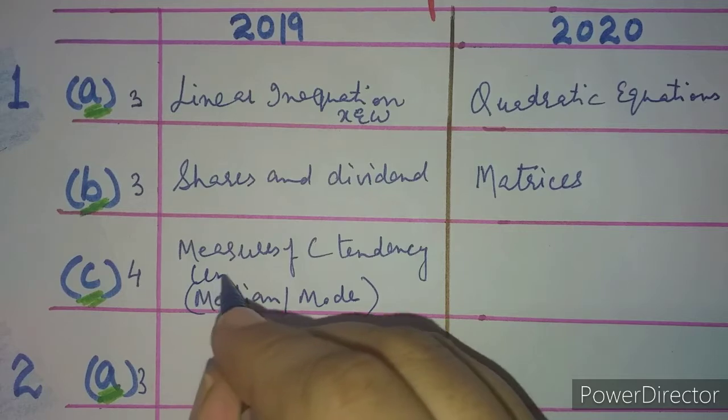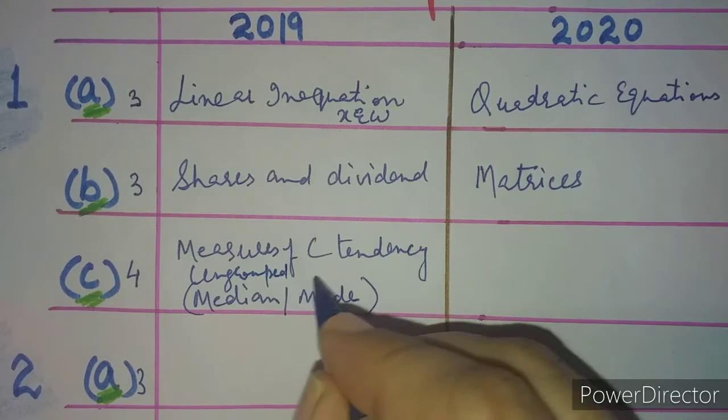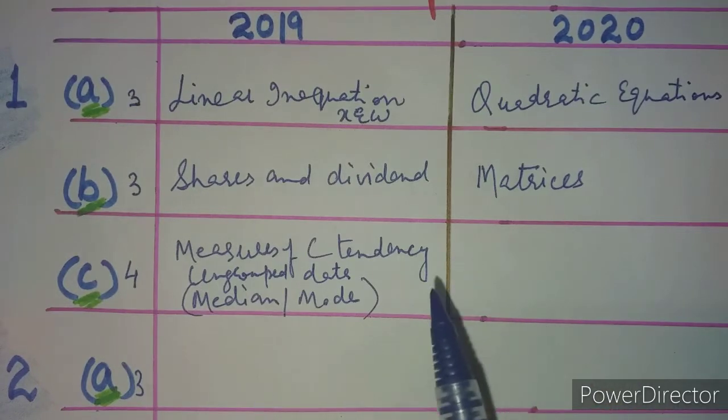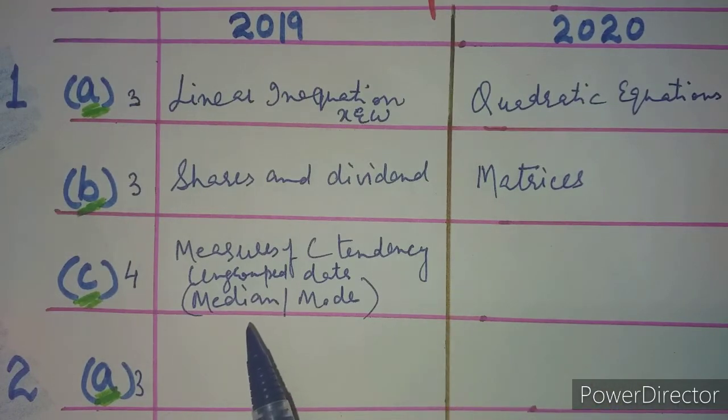Generally students prepare the big questions related to grouped data only, where they are supposed to find the median, or find the mode with the help of histograms. But it was such a simple question, ungrouped data. I would say it was a 7th class question only. So such unexpected, very easy things are asked for which sometimes students are not prepared, so you need to take care of this also.